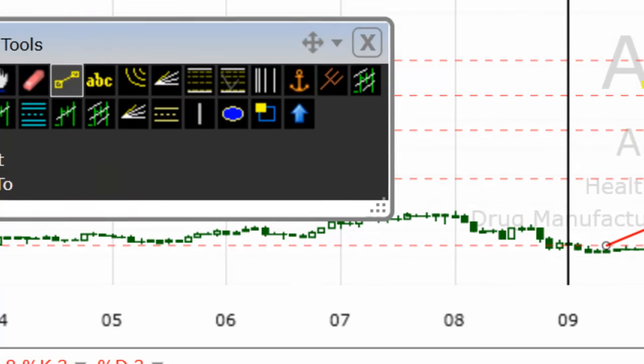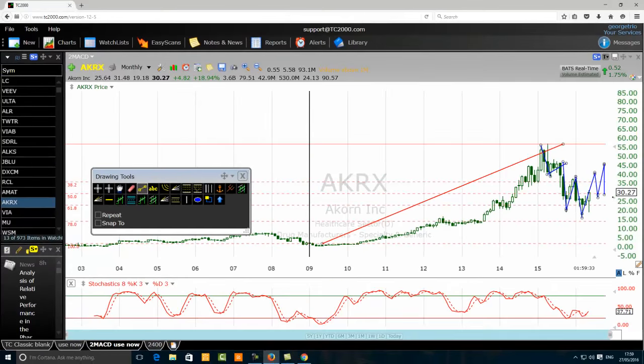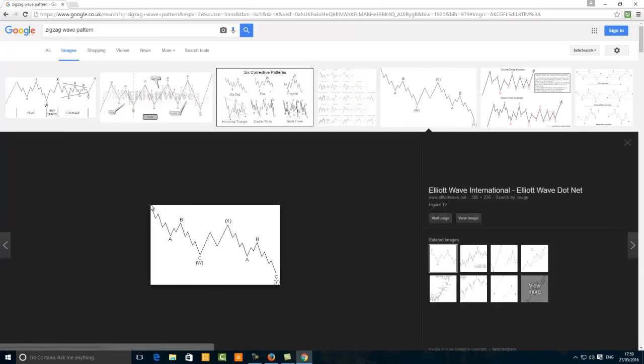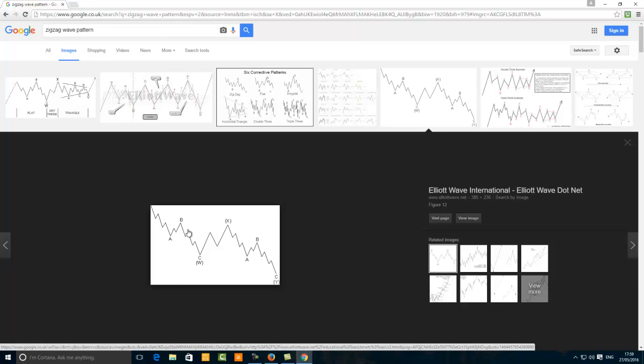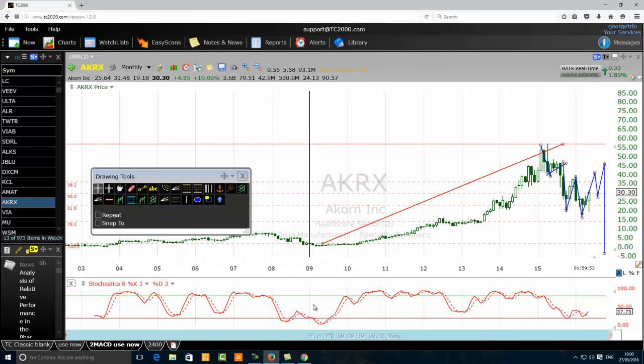And then we will expect another move down, 1, 2, 3, 4, 5. Remember the pattern that I've been showing you right here: 1, 2, 3, 4, 5, 1, 2, 3, 1, 2, 3, 4, 5. This is the zigzag Elliott wave pattern.